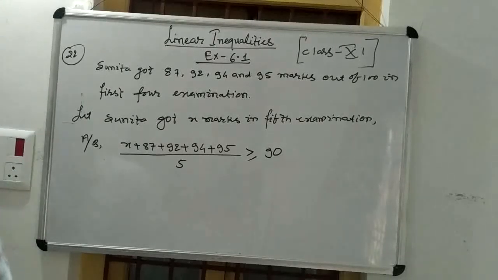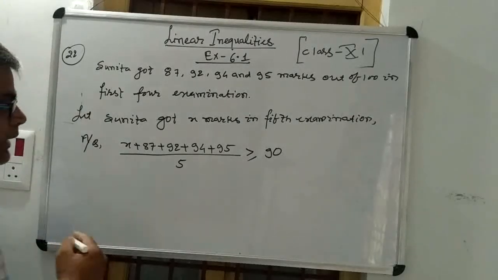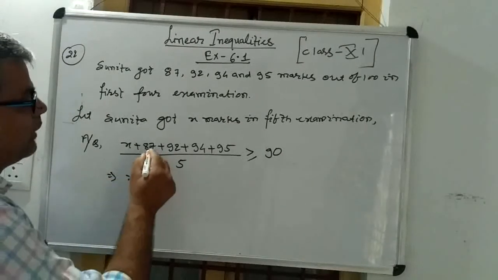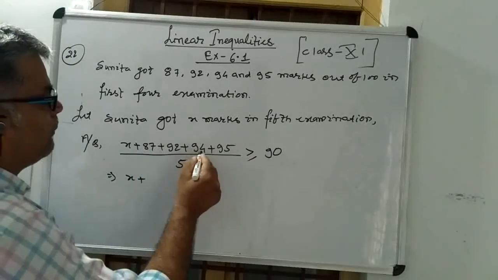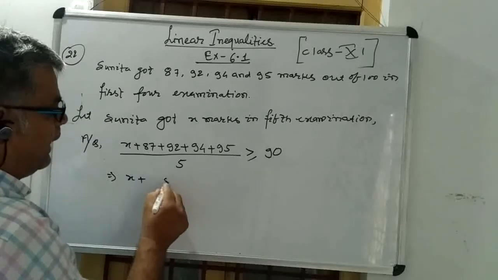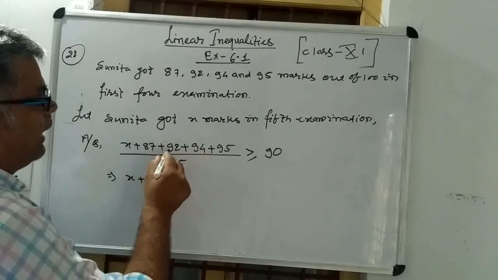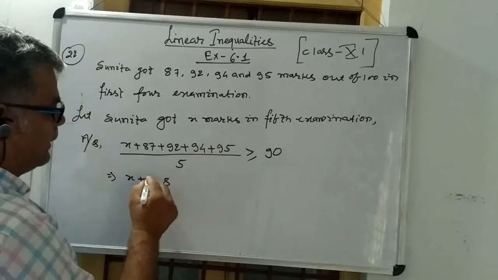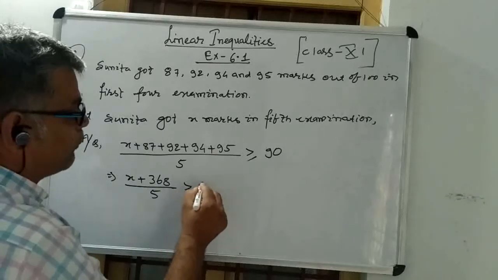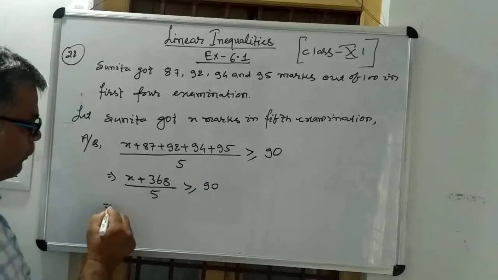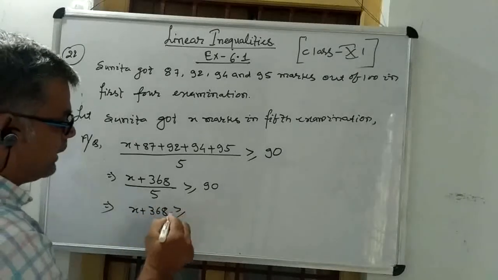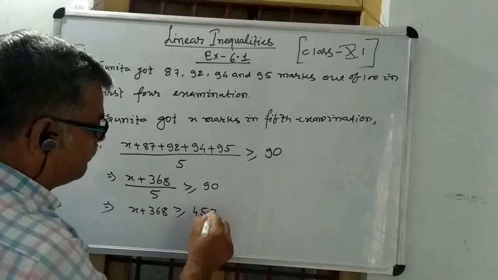Now you solve this inequality. On adding 87, 92, 94 and 95 we get 368. So (X plus 368) by 5 is greater than or equal to 90. Now on cross multiplication, X plus 368 is greater than or equal to 450.